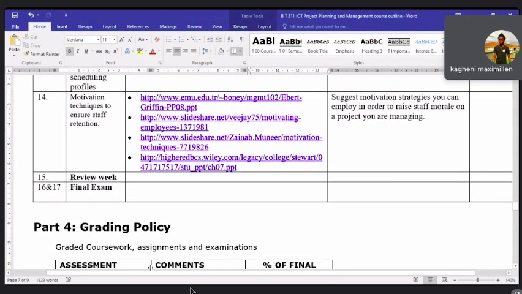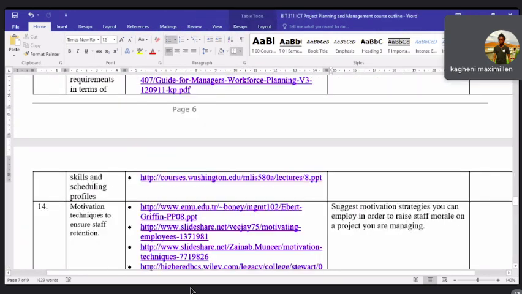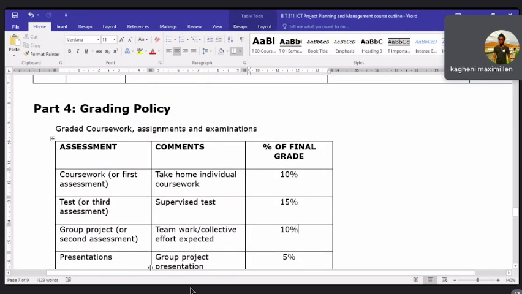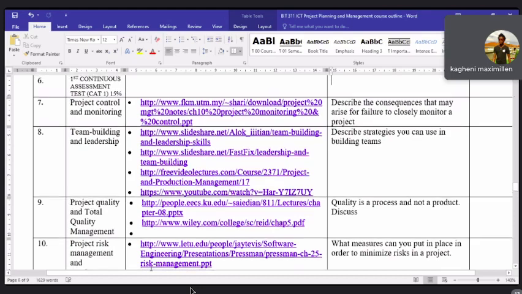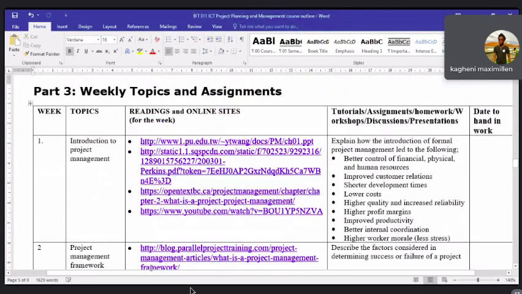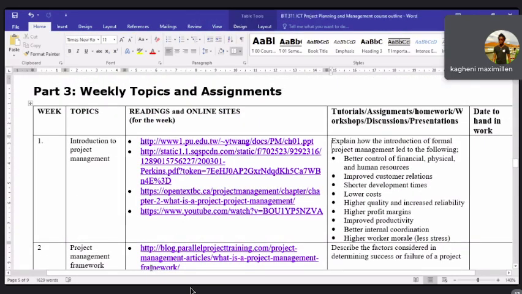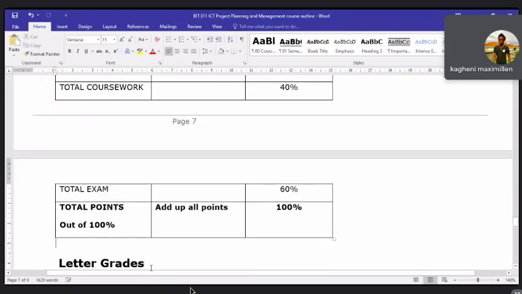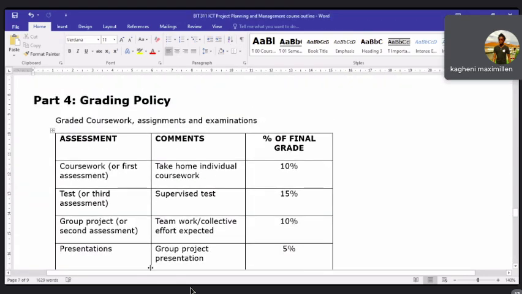So, in short, begin reading. I've given you the material, I've given you the slides. You can be reading about these topics. The assessments will be conducted as usual.